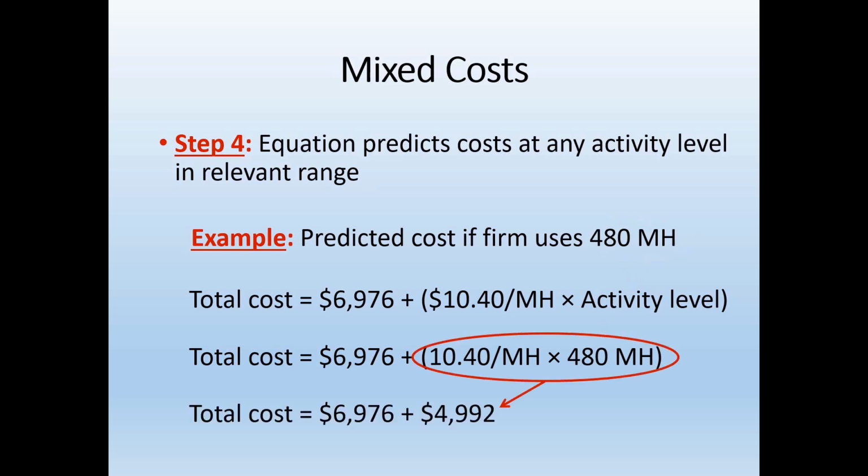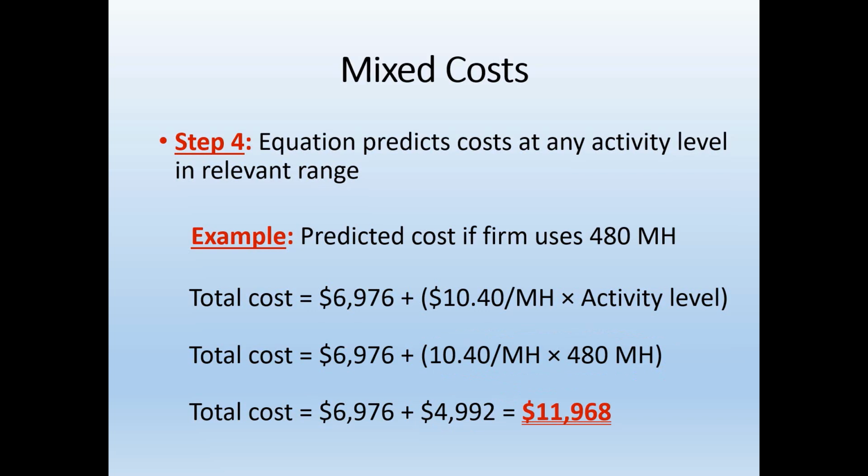So we multiply the activity level, 480 machine hours, by the $10.40 variable cost per machine hour, and then we add that to the total fixed cost, and that gives us our best estimate of the total cost.